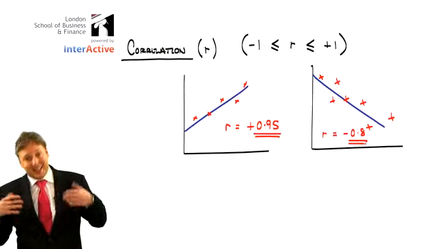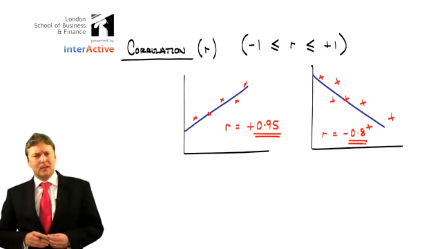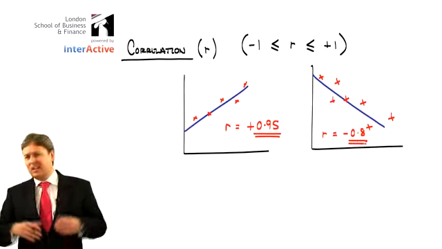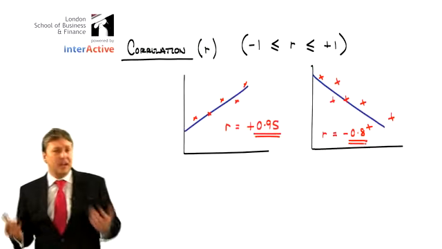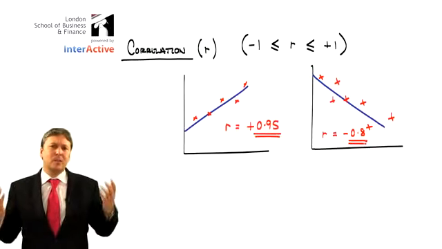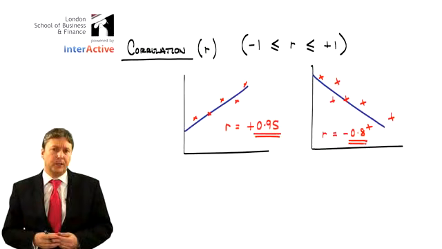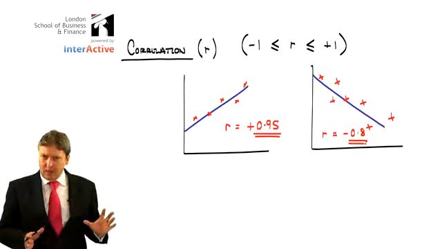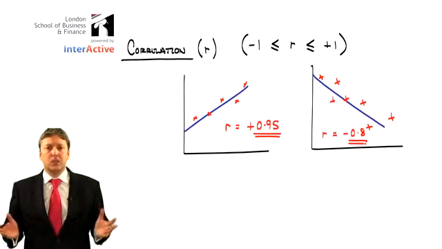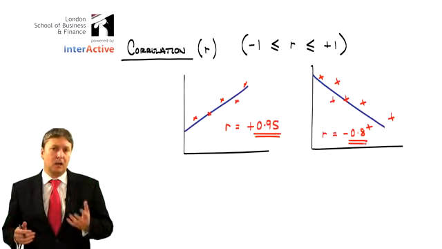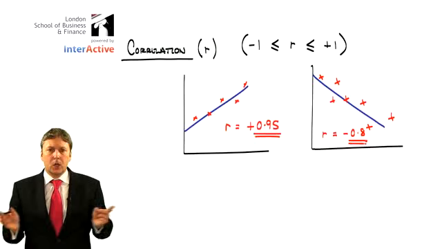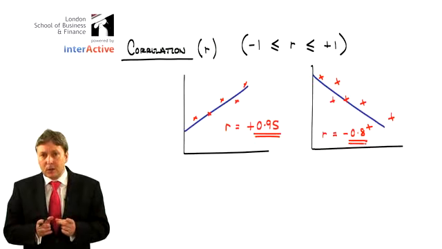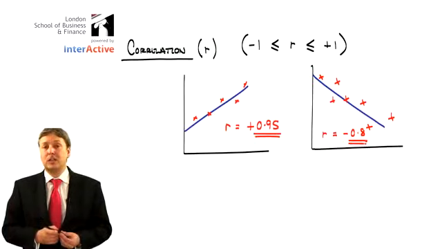Minus to reflect that it's inverse, 0.8 to reflect that, well, okay then, it's certainly not perfect, it's not near perfect, but there is some degree of correlation between the two. If we had data scattered throughout the graph, we would have a correlation that was far, far lower. And the nearer the correlation comes to the value of 0, the less we can say that there is a relationship between x and y.